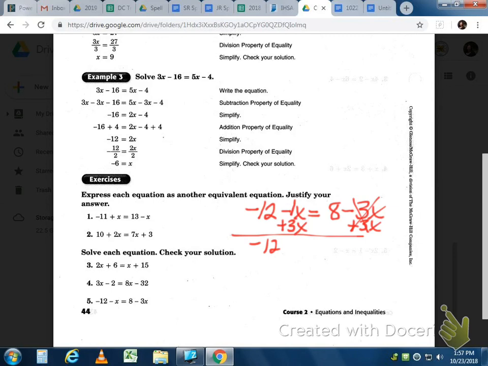So I'm in the hole 1, but I gained 3. Plus 2x equals 8. So my x is on the left. How do I bring my number to the right? What constant's there with 2x?